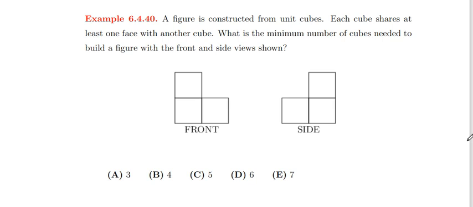So there's a question. A figure is constructed from unit cubes. Let's say we put one unit cube, and like this another one, and let's say we put these 3 cubes together to make this.